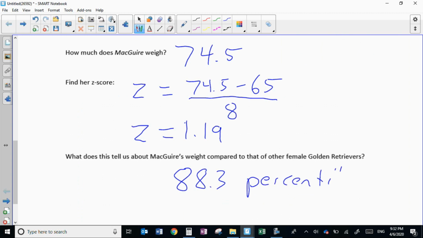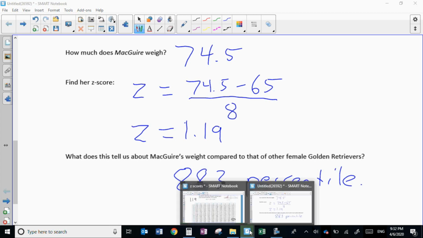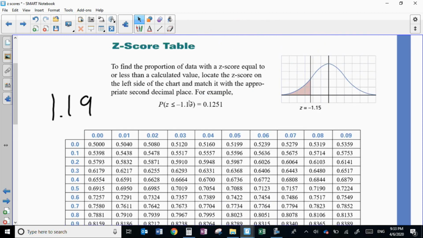Our wonderful dog McGuire has a mass larger than 88% of the other female golden retrievers that are out there. Now, notation-wise, you'll notice the notation is also up here in your Z-score table as well.